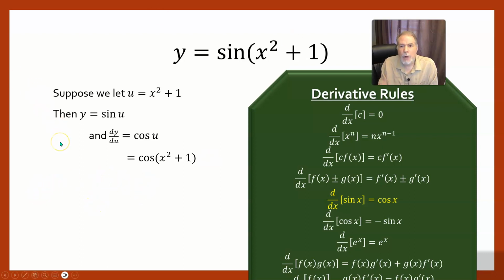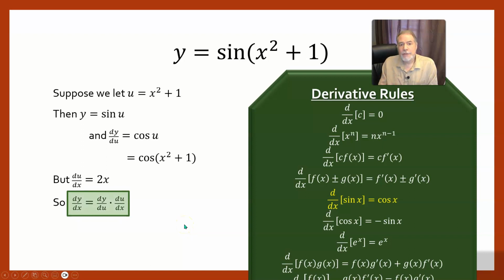So the derivative of y with respect to u is the cosine of u, and since u stands for x squared plus 1, that means it's the cosine of x squared plus 1. But du dx, the derivative of u with respect to x, well, u is x squared plus 1, so the derivative of that with respect to x would be 2x.